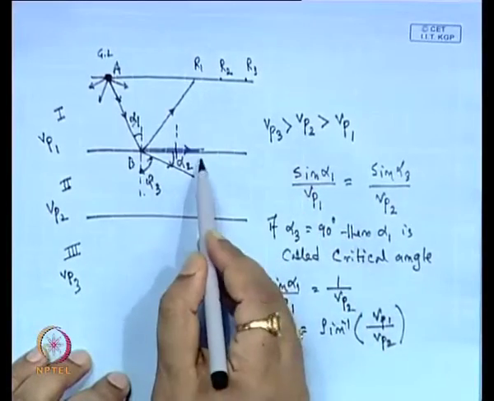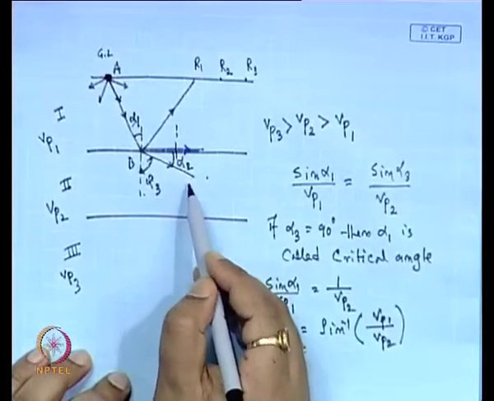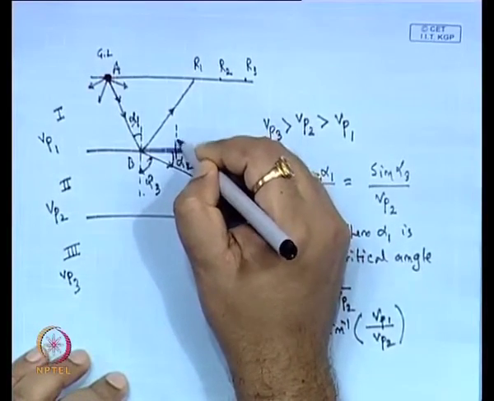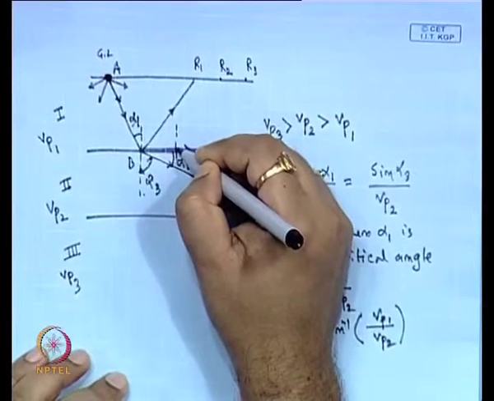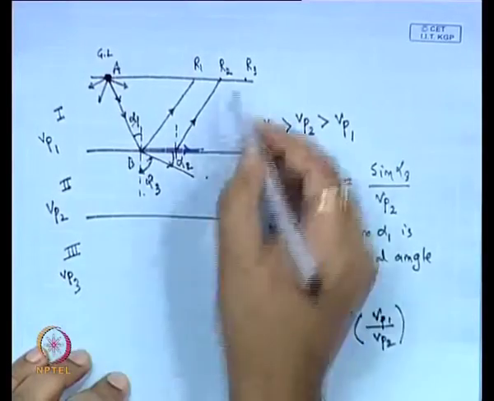Here the velocity changes, meaning V p 1 is less than V p 2, so this ray will go towards the vertical line. So, it will follow this path, and it will receive one ray.